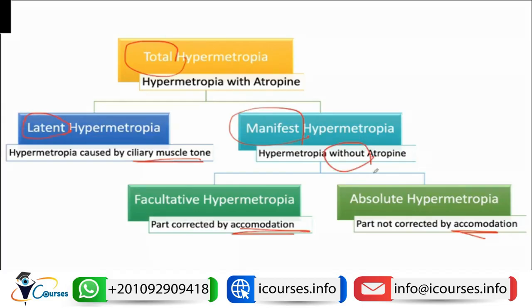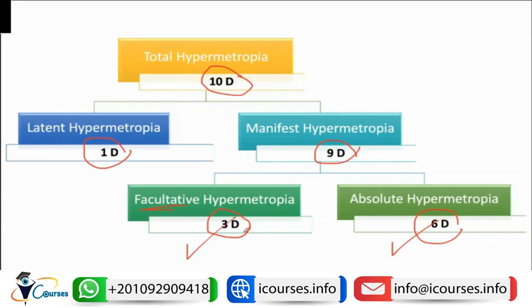Atropine will cause relaxation of the ciliary muscle, so when we relax the ciliary muscle, this +3 diopter will not be corrected. If we are not using the cycloplegic, the patient can correct this +3.